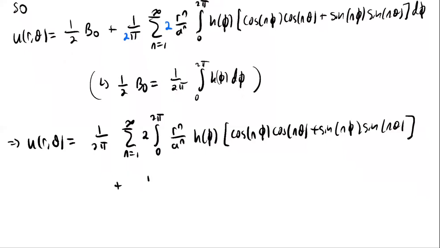And then plus the remaining term, 1 over 2 pi times the integral from 0 to 2 pi of h of phi d phi.